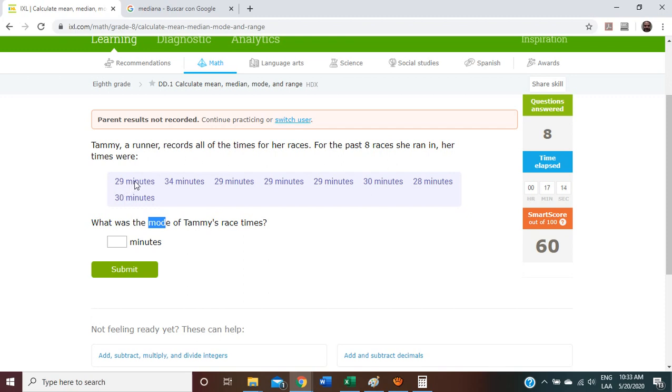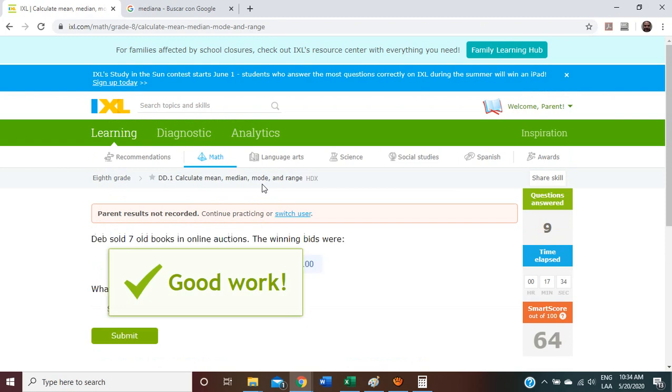So the one that is repeated the most is 29 minutes. So the mode in these numbers is 29 minutes because it is the one that is most repeated.